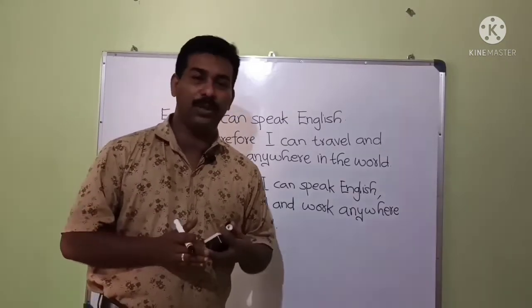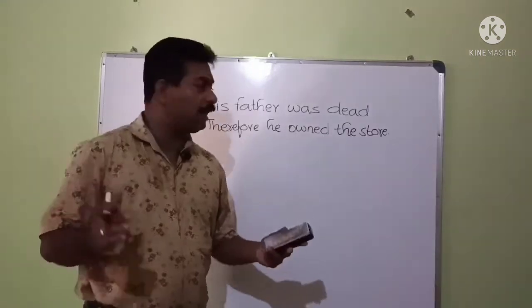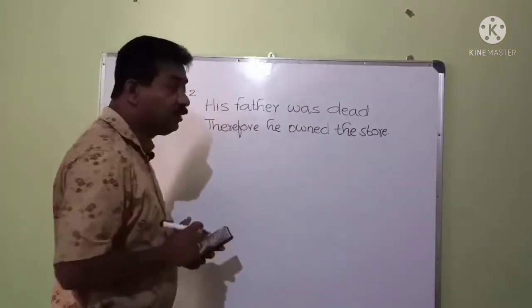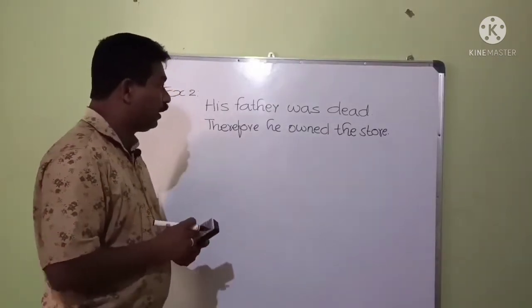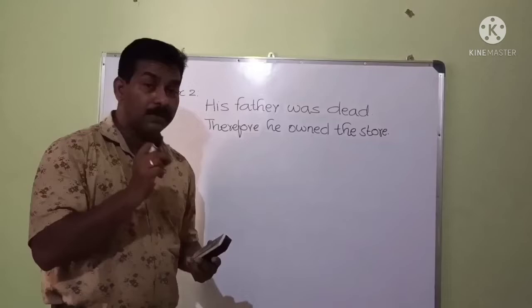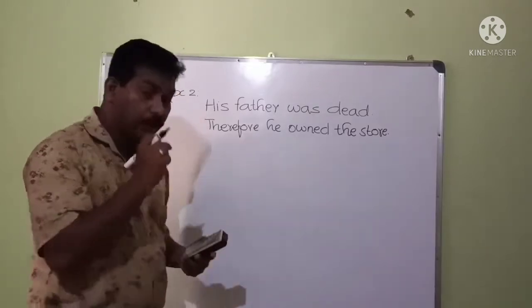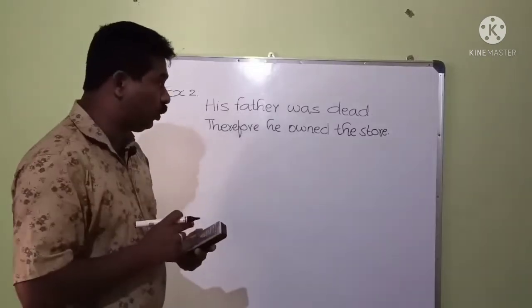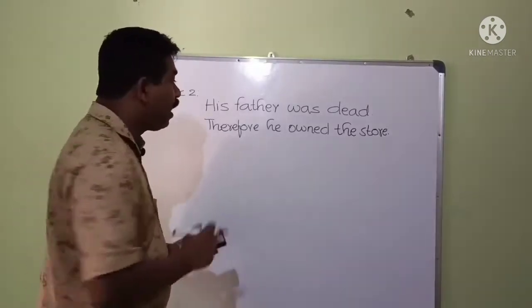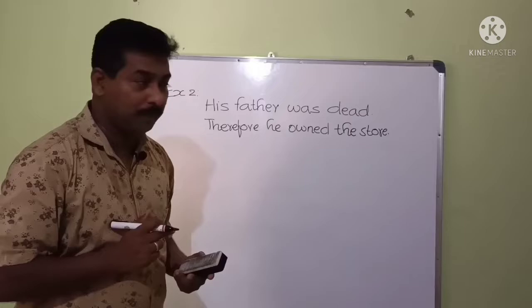Consider the second example. His father was dead. Therefore he owned the store. "His father was dead" is the first sentence and it gives us a fact. "Therefore he owned the store" is the second sentence and it gives us the result.